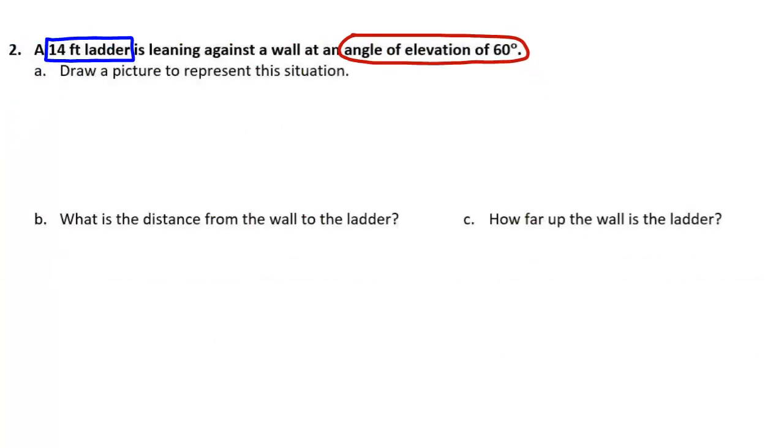They want us to draw a picture for this situation. So I'm going to start off by drawing the building. Or sorry, not the building, the wall. I'm going to draw the wall first.